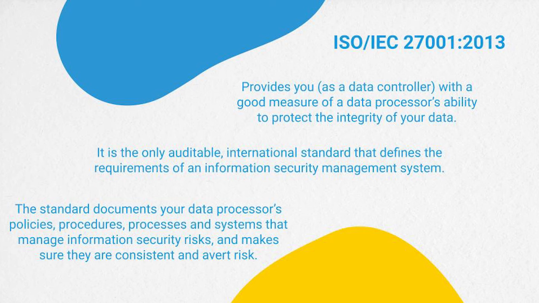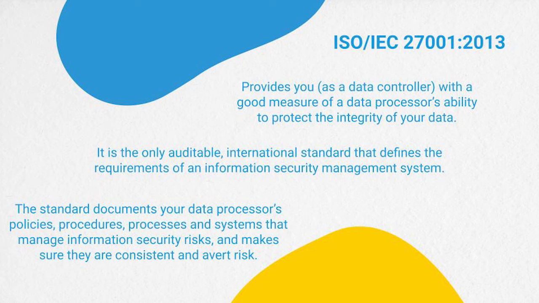Here's the official definition from the ISO, the International Standards Organization. So ISO IEC 27001 2013 specifies the requirements for establishing, implementing, maintaining, and continually improving an information security management system within the context of the organization. It also includes requirements for the assessment and treatment of the information security risks tailored to the needs of the organization.